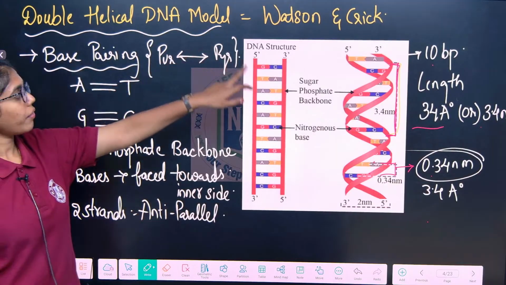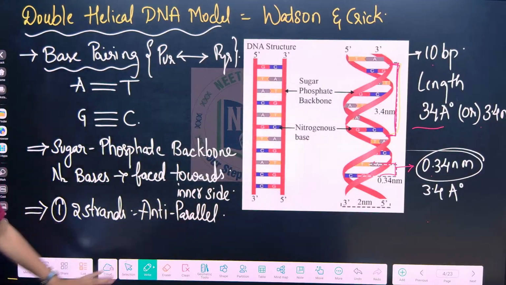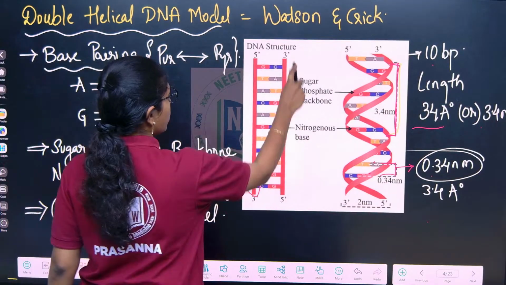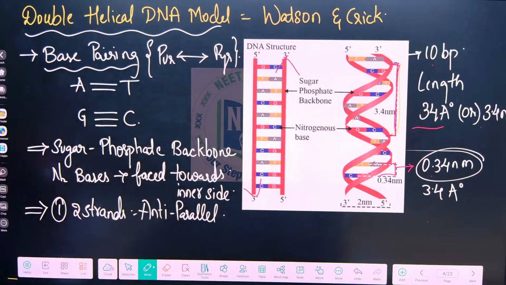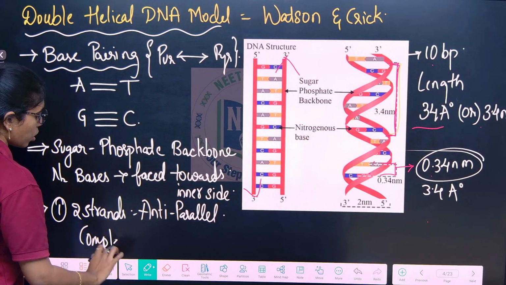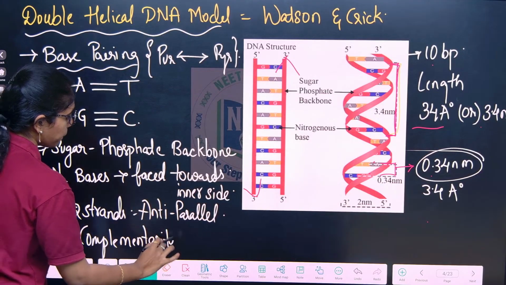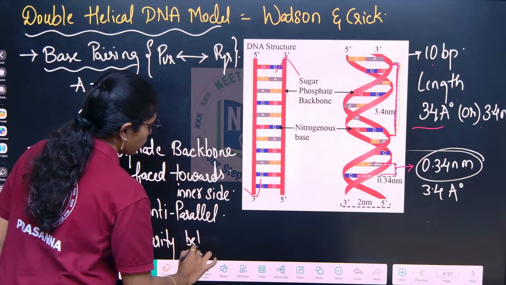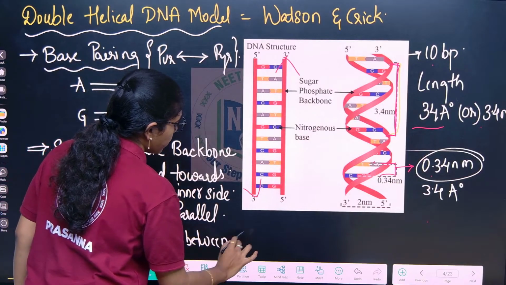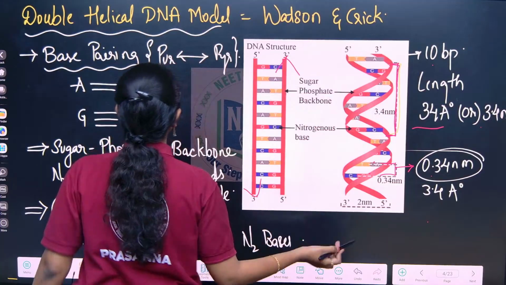One runs from 5 prime to 3 prime and the opposite strand from 3 prime to 5 prime. Okay, so this way. And complementarity between nitrogen bases. So, you are clear with these points, no?